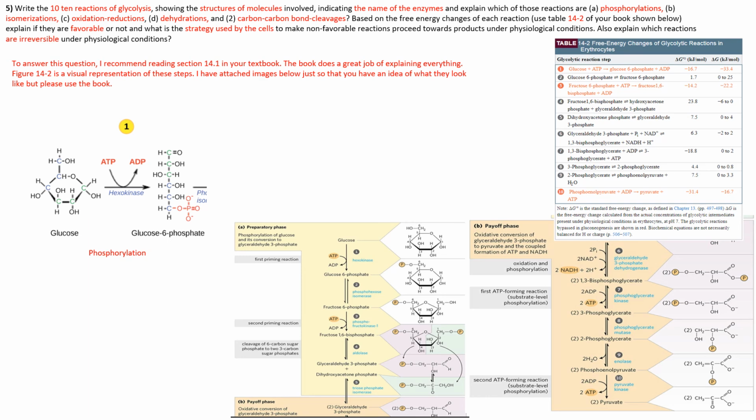Based on the free energy changes of each reaction, use table 14-2, so I went ahead and put it over here on the right for you, of your book, shown below.